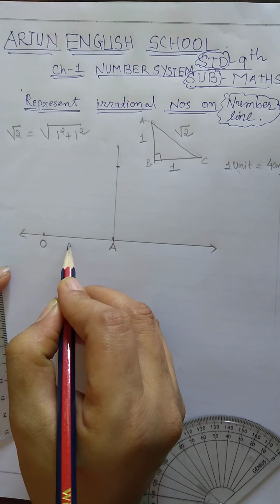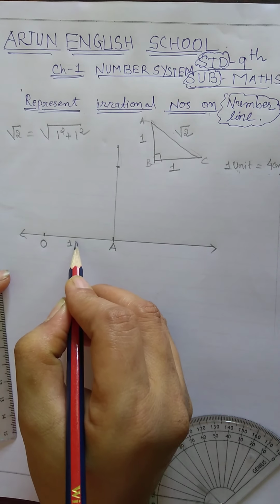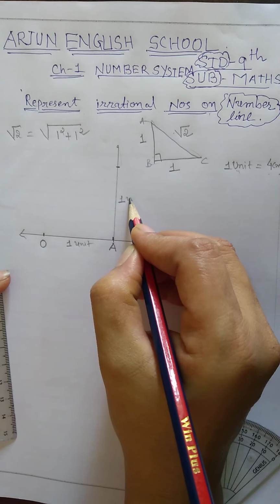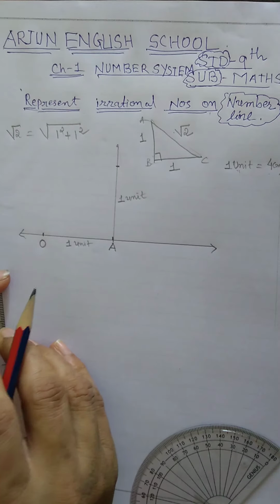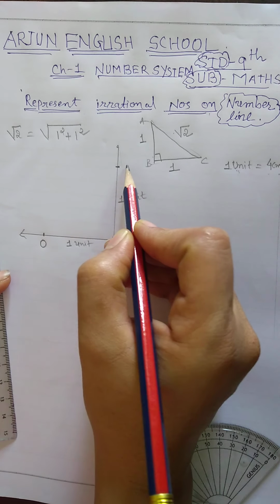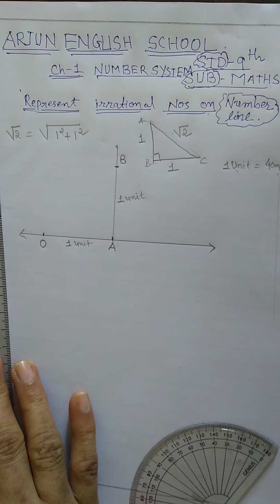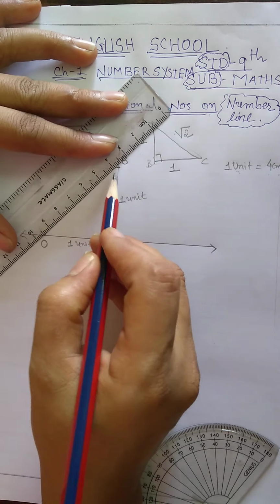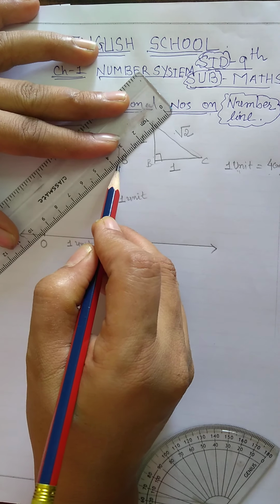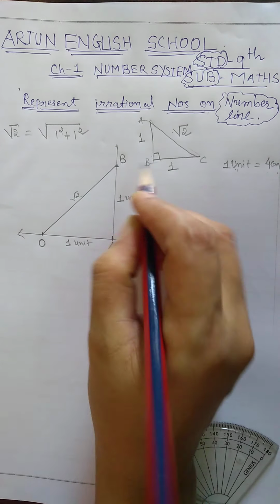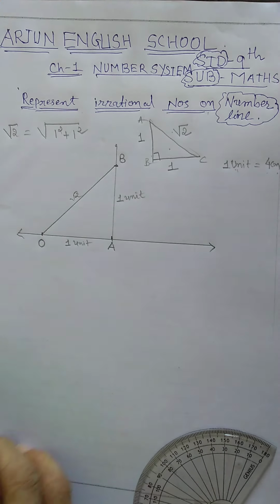Understood? So here I can say this is 1 unit and this also measures 1 unit. I will denote it as point B. Now draw a line segment OB. OB is root 2 as you have seen.